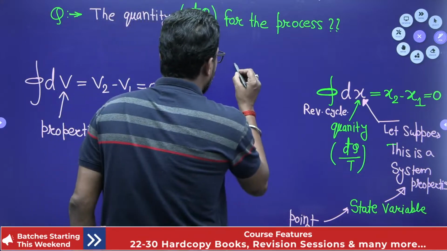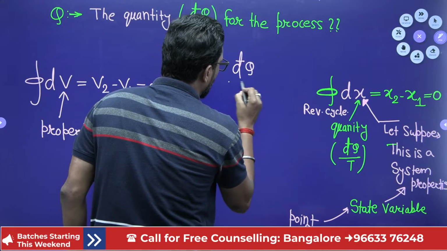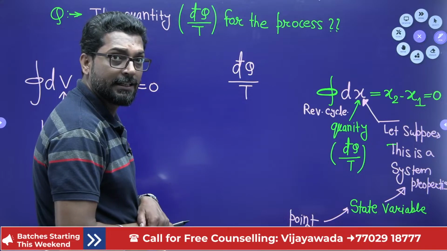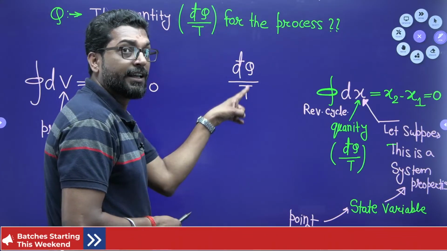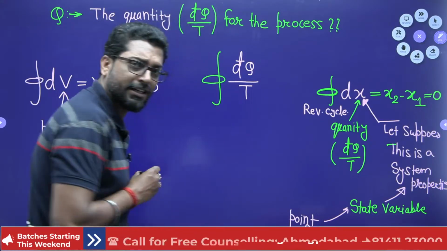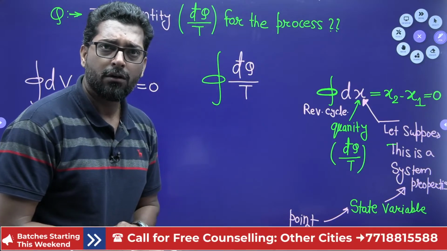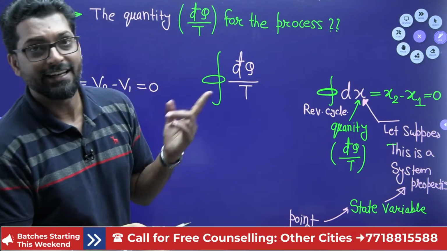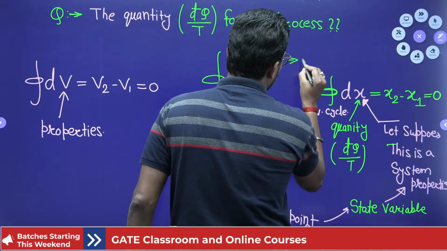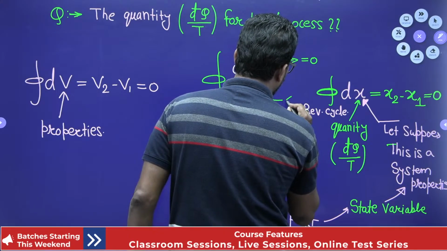That means the quantity dq by T, right? This is the quantity, and we do a cyclic integration of it. This is a very important analysis. When you do a cyclic integration of this quantity, is it 0? No, it is not necessarily. It is equal to 0 or less than 0.